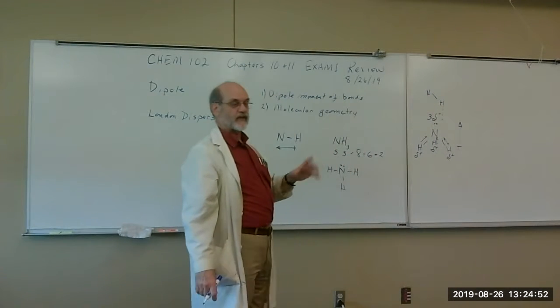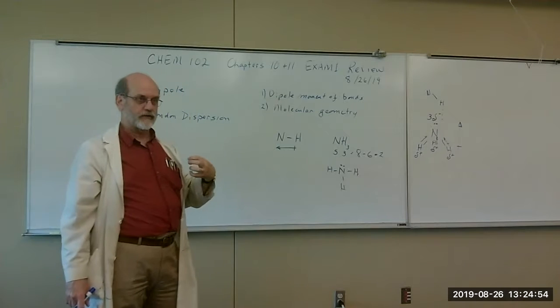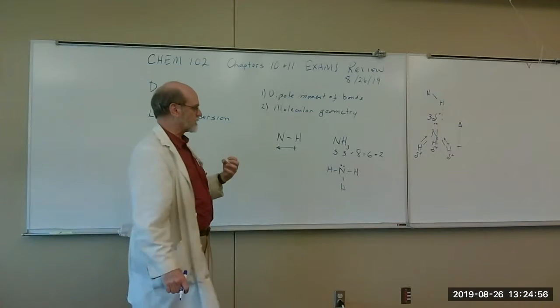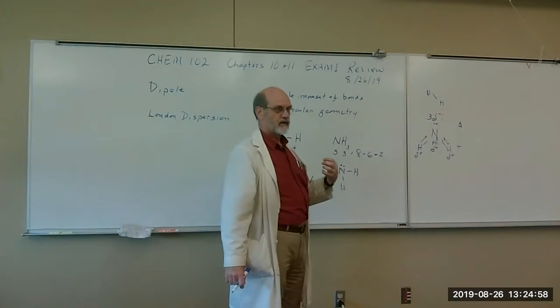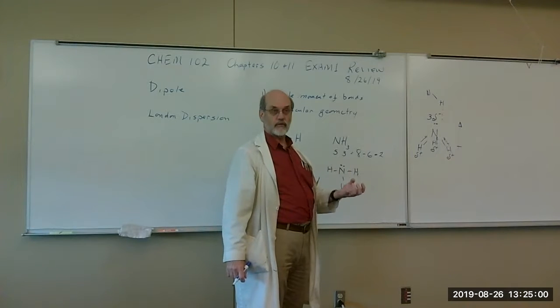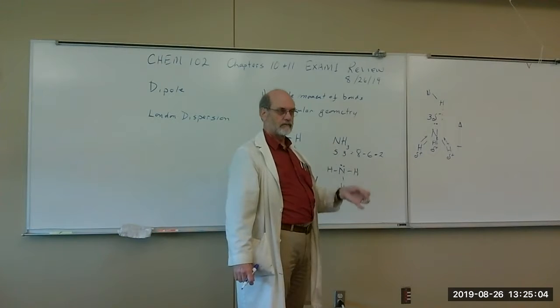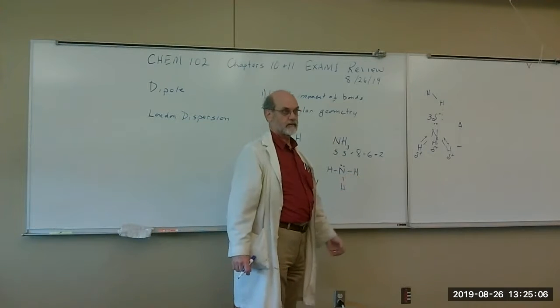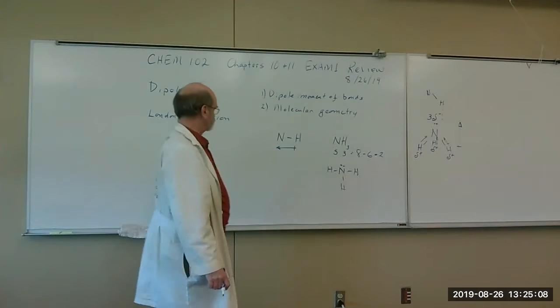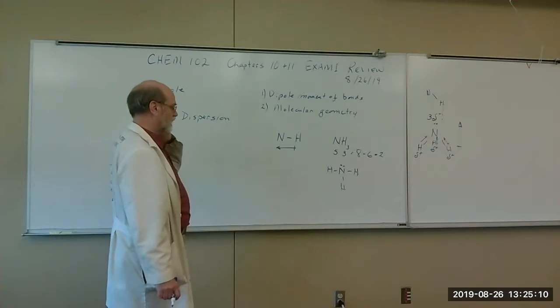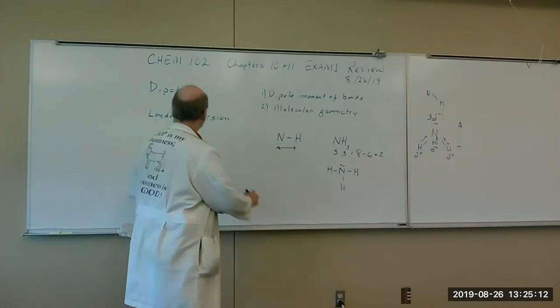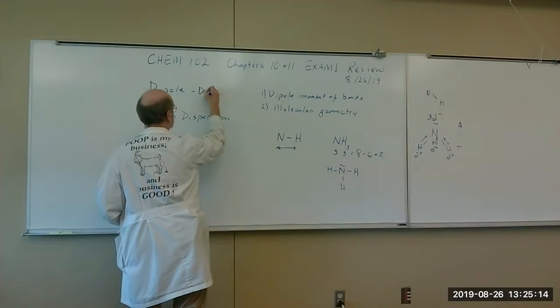Okay, so that's what holds the molecules together, and the strength of that dipole interaction determines physical constants, like boiling point, melting point, and so forth. So that's a case of a dipole-dipole interaction.